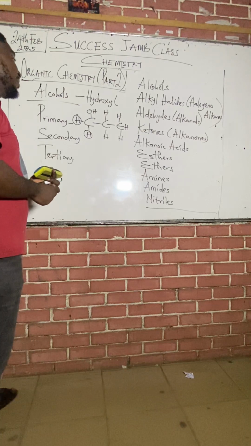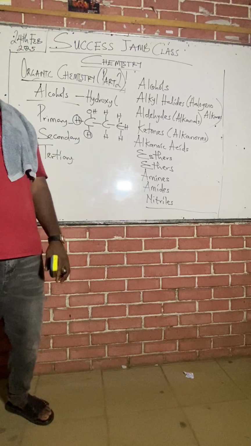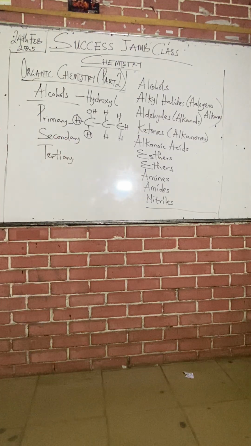For a primary alcohol, the carbon bearing the OH group has 2 or more hydrogens directly attached to it.